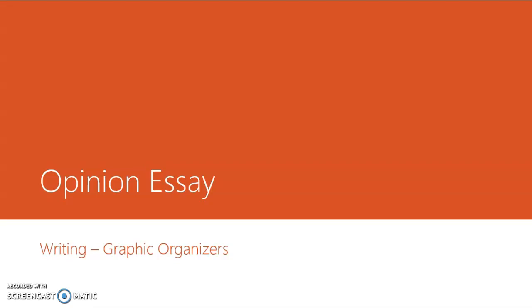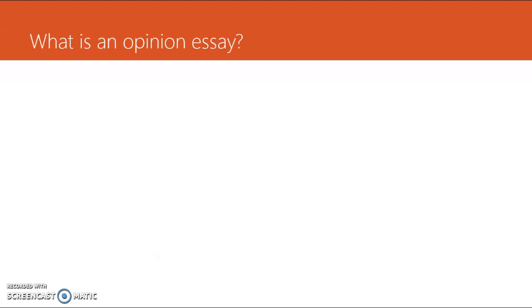So this is one of the most basic forms of essays you will meet when you write. And before I go into detail of graphic organizers for this essay, I will introduce something about opinion essays. An opinion essay is a genre of writing which requires our opinion on a topic.